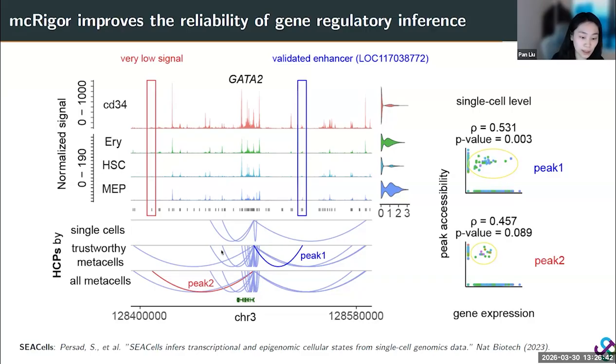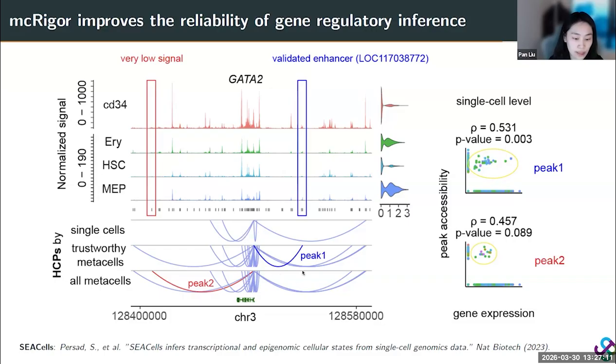And the black and the purple curves in the bottom left panel represent the significant associations found between peak accessibility and the GATA2 gene expression. This analysis was originally performed in a recent SEACells paper, where they show that at the single-cell level, in this row, we usually cannot identify that many enhancers, or these purple curves.